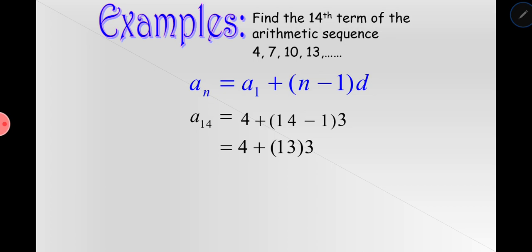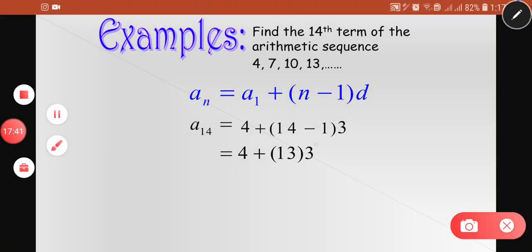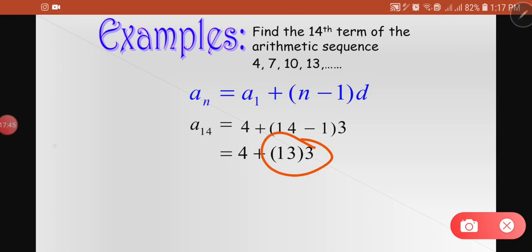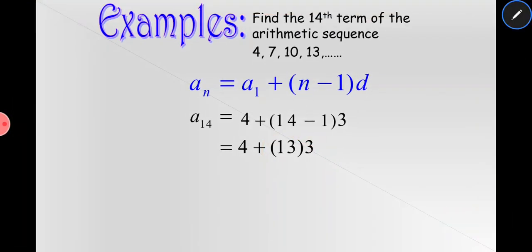Also, we have 13 times 3 muna. So 13 times 3, we have 39. So lastly, we add 4. And now, the 14th term of the arithmetic sequence 4, 7, 10, 13 is equal to 43. Intindihan ba?